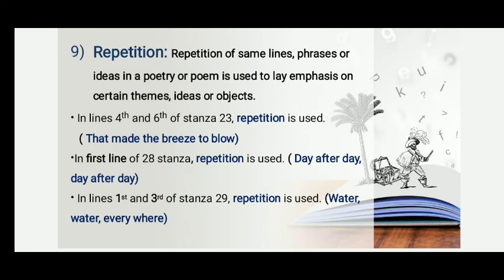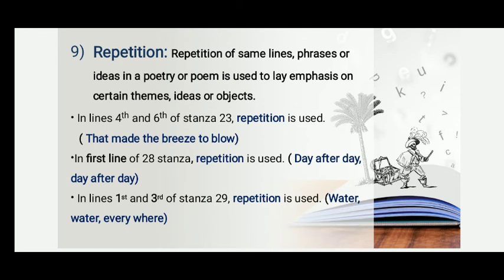The ninth literary device in the second part of this poem is repetition. Repetition of the same lines, phrases or ideas in a poem is used to lay emphasis on certain themes, ideas or objects. In lines 4 and 6 of stanza 23, repetition is used.